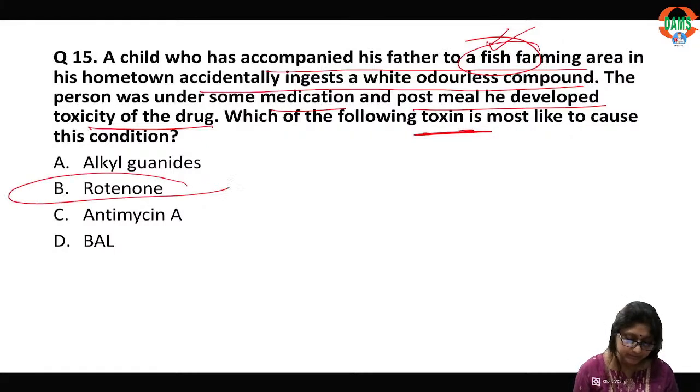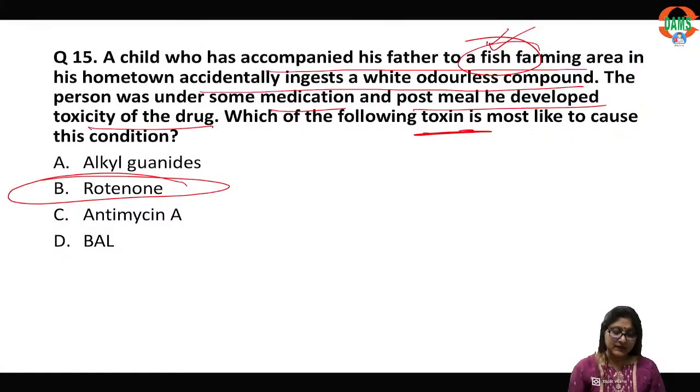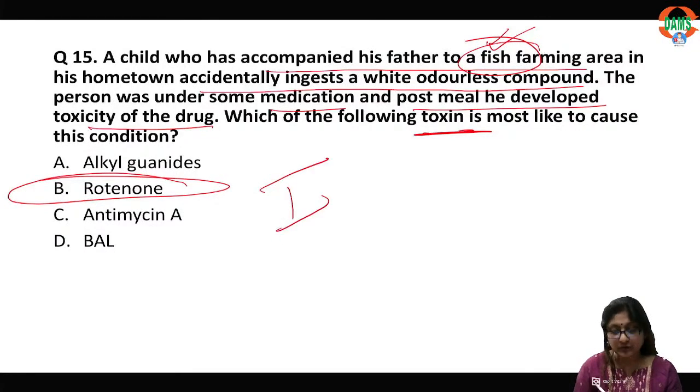Rotenone. Rotenone is the fish poison, and this is colorless also. So this is going to be the answer here, a colorless, odorless compound. This is going to block complex 1 of the electron transport chain, which I was discussing in the previous question. Alright, so this is a fish farming area, meaning some fish poison must be there to capture fishes. Right, so rotenone is the answer here.